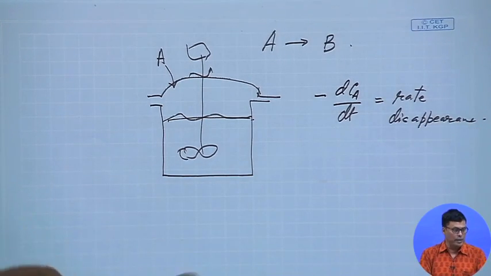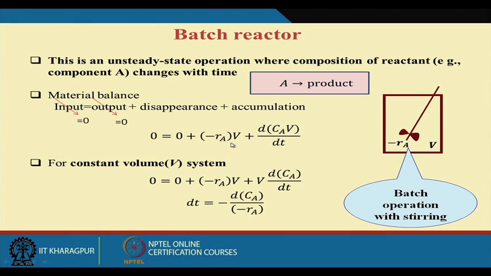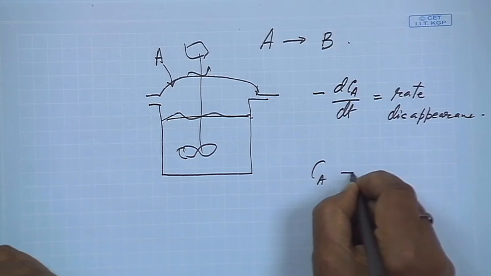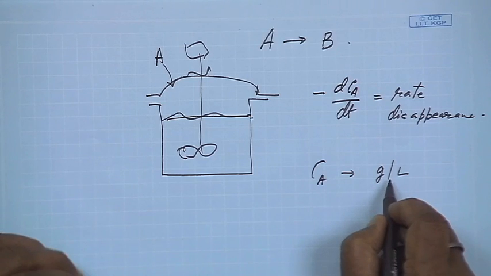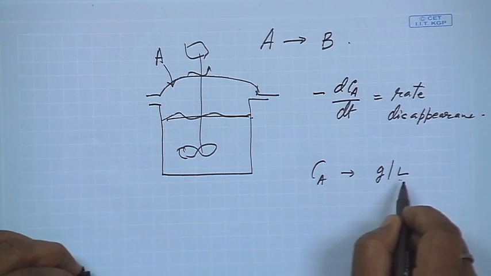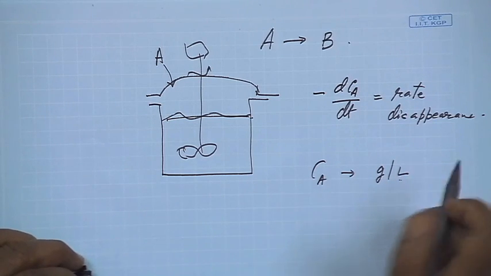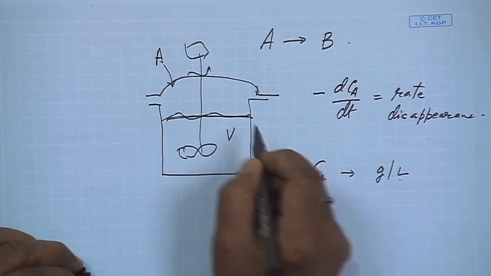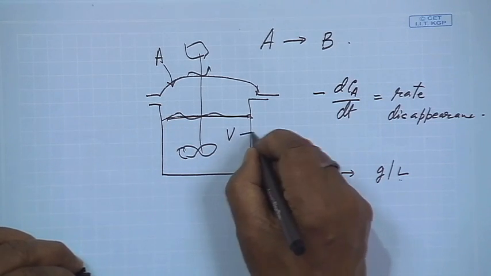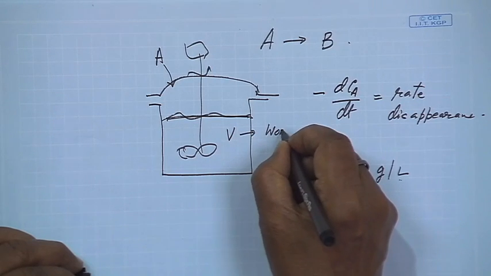So, we can easily write this. Why are we multiplying by volume? Because the concentration CA is in maybe gram per liter, which means per unit volume. But in the reactor, you have some working volume V, called the working volume.